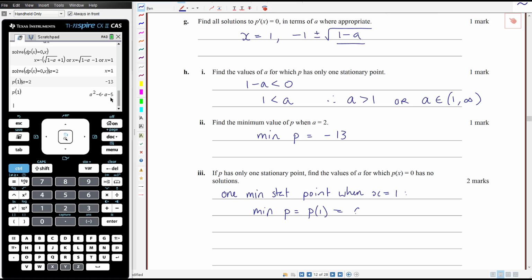So minimum value of p is a squared minus 6a minus 5, okay, but we also know that a has to be bigger than 1, or otherwise we'll have more than 1 stationary point, and that might not be the minimum, where a is bigger than 1.